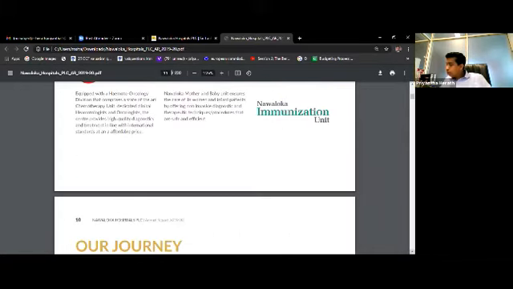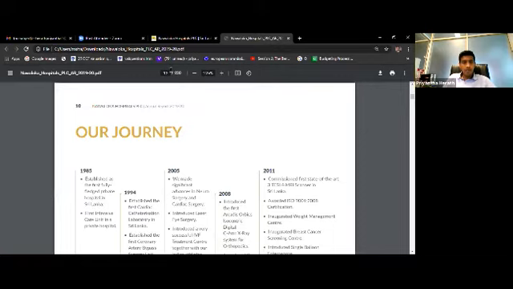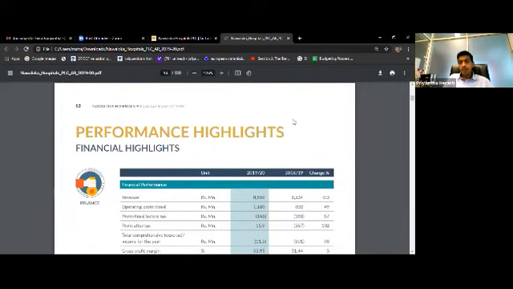Let's go to page number 12. That is the performance highlights. The printed number is 12, and the PDF number is 14, I guess. Can you see this page? Yes, we can see.